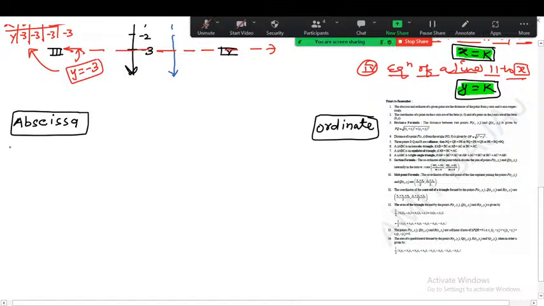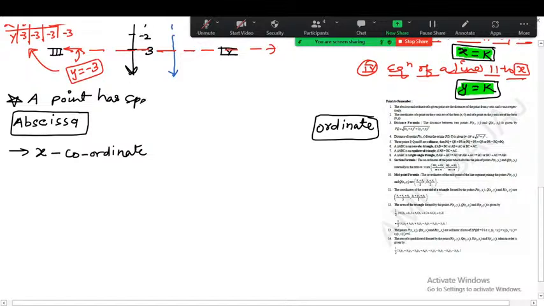The first thing is abscissa is also known as the x coordinate. First I will tell you, a point has a specific position, and that specific position is known as its coordinate.